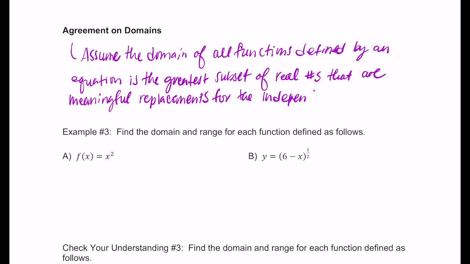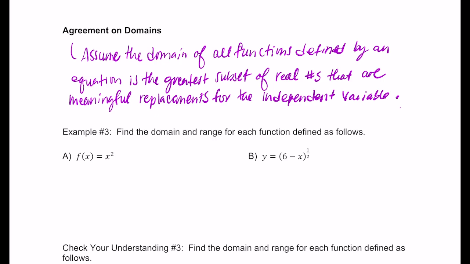And remember, the independent variable is your x variable. So what this is saying is we're going to always assume that the domain is the set of all real numbers, except we need to exclude certain parts of that domain because sometimes values won't work for every function.